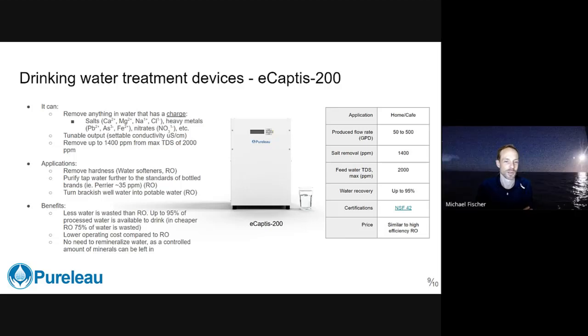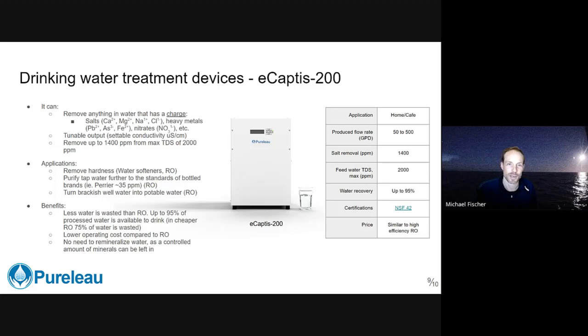So I'm also on a well here, and we have a 3-stage setup where, first of all, there's a particle filter, and then for water softening, over the last year, we put in this device called a Yarna. You can find it on Amazon.